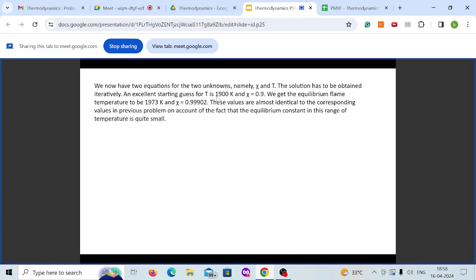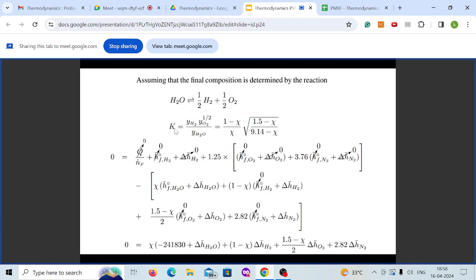So assuming 1900, we will find the K value for H2O and so on, and find the x value, and we will substitute in the second expression the x value and the delta H values of the corresponding components, and we will see whether that comes out to be 0. If not, we take a higher or lower value depending on the result.